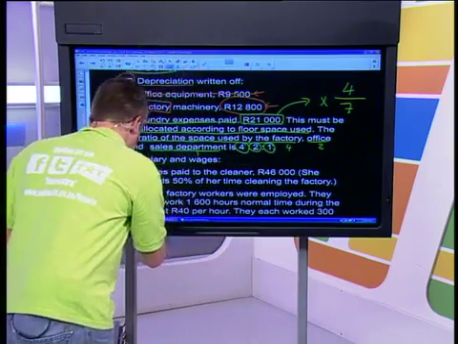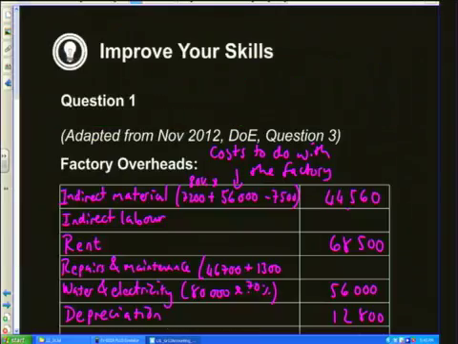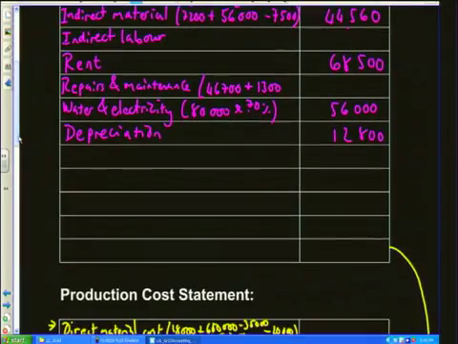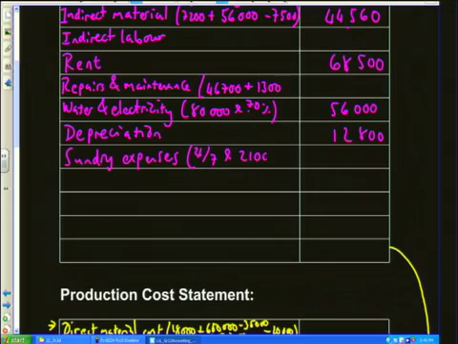So let's do that. We're going to put in our production cost statement the figure for sundry expenses. And that calculation is going to be 4 out of 7. Let's just write that a bit more neatly. 4 over 7 times by 21,000 Rand.